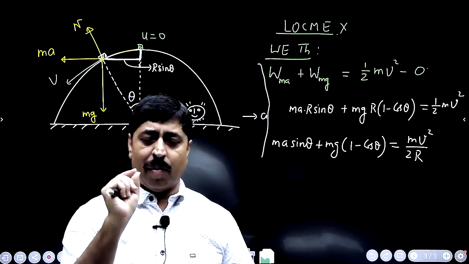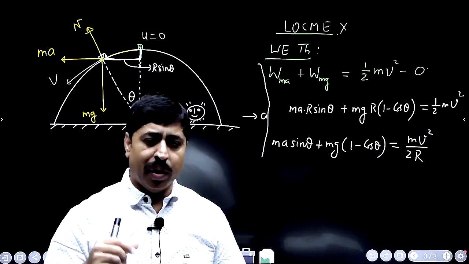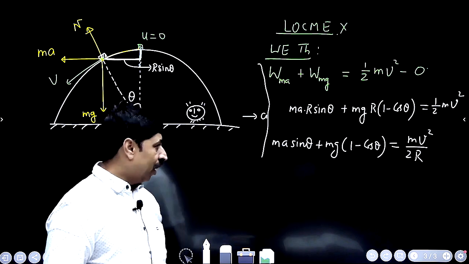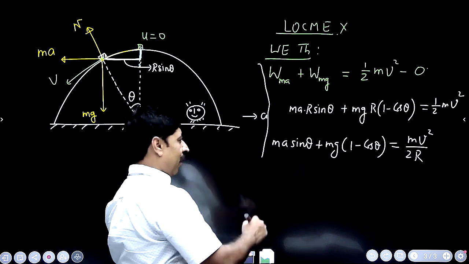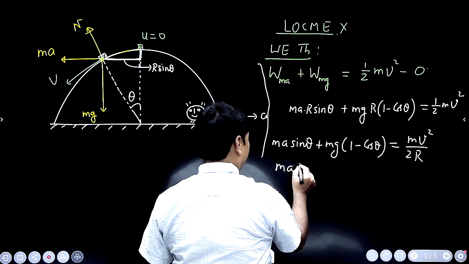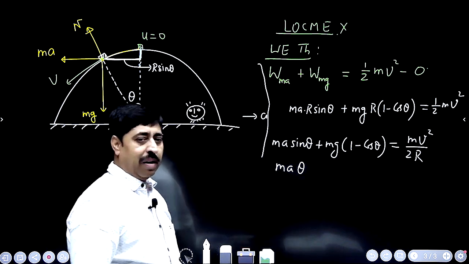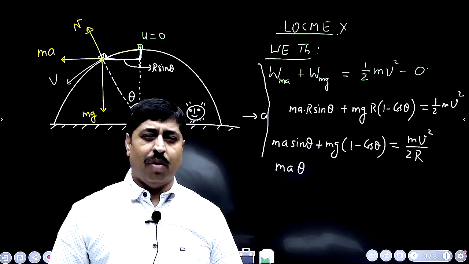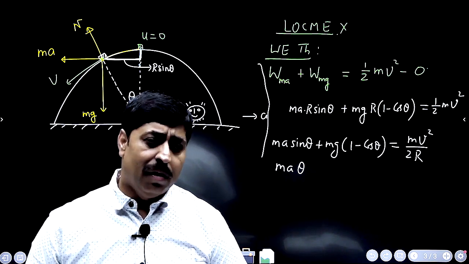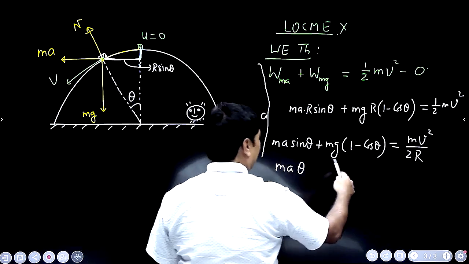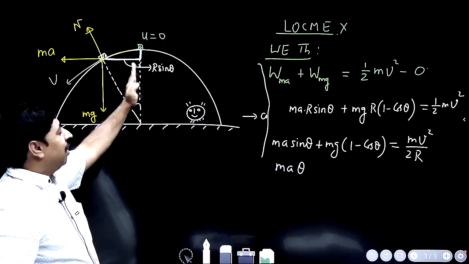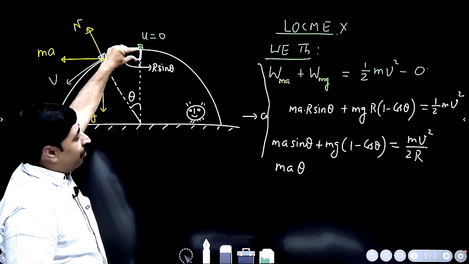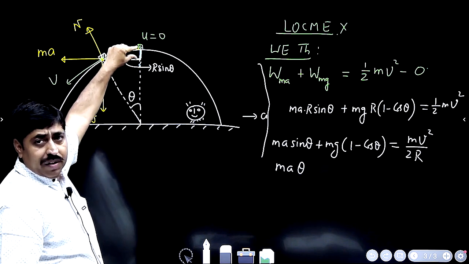The theta about which we are talking is going to be very small. So, for small theta, sin theta can be written as theta. So, let me write it as ma theta. And in fact, for small theta, cos theta is pretty close to 1. So, if I take cos theta as 1, I need not write this, and this looks reasonable. When this angle is very small, this height is very small, isn't it?